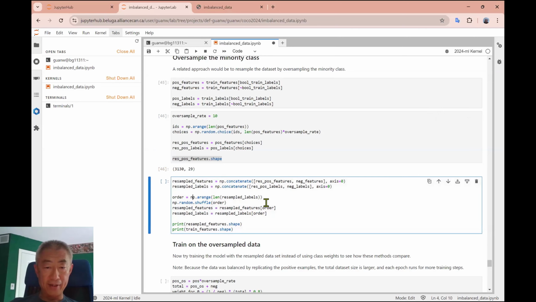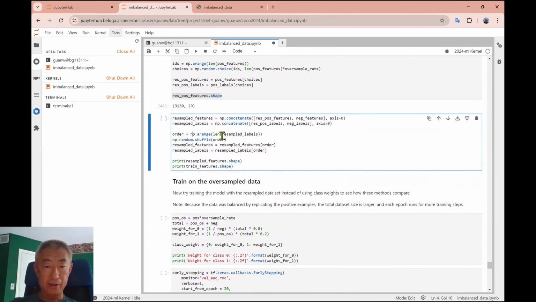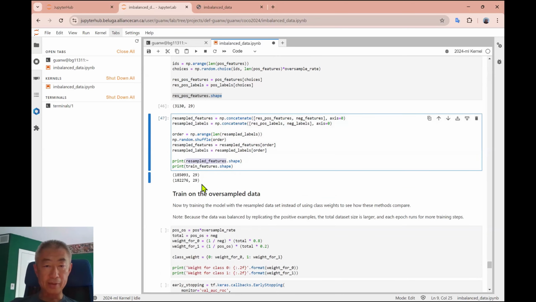And then I'm gonna put the resampled data back together with the negative, and merge them together. And finally, I got my resampled input and output.